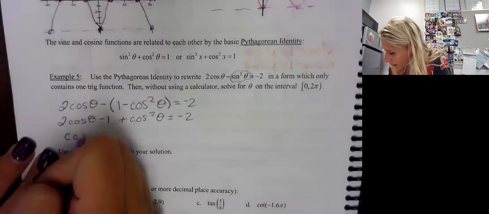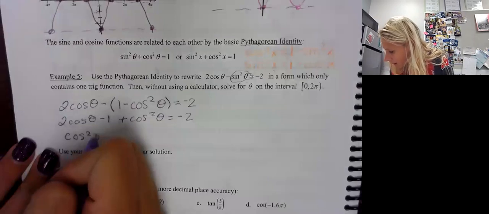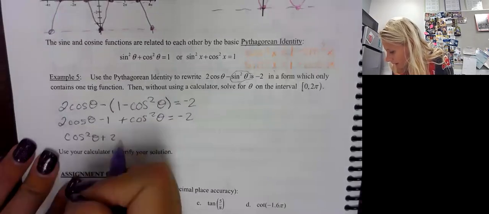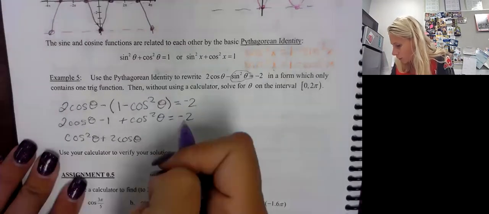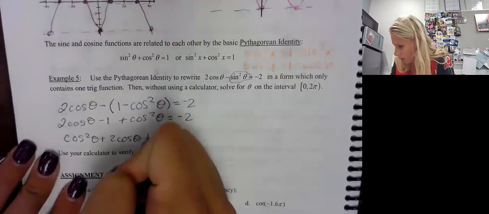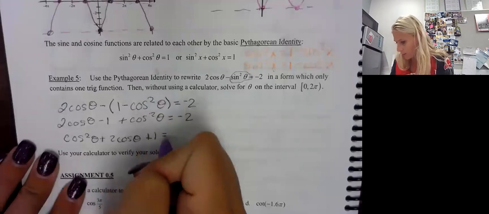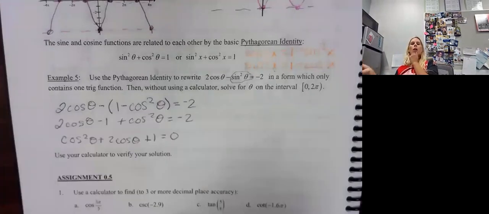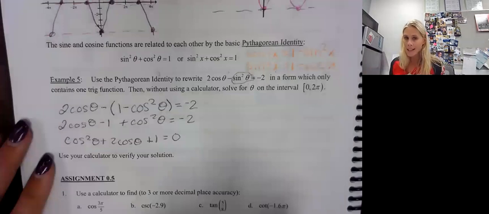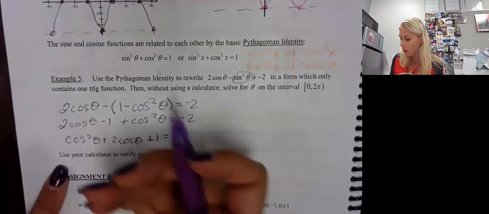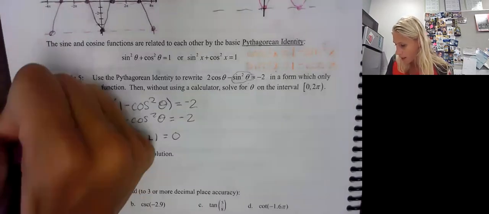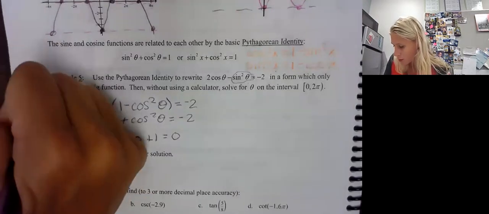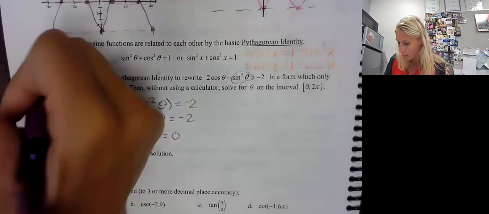So cosine squared theta plus 2 cosine theta. And then we're going to add that 2 over, so plus 1 equals 0. Okay, as a side note, I'm hoping you guys look at this and you're like, wow, it's almost like x squared plus 2x plus 1.